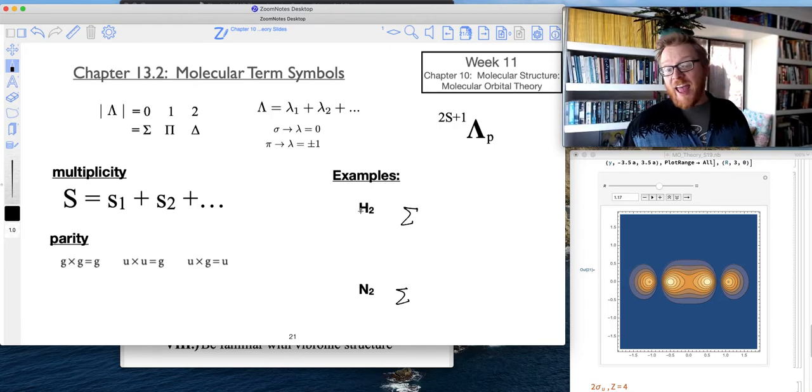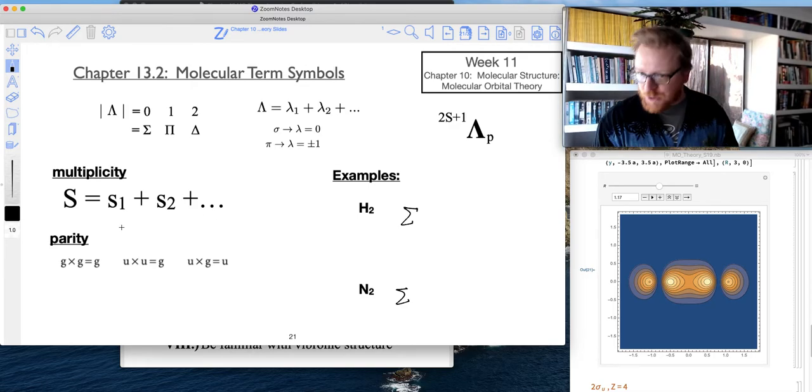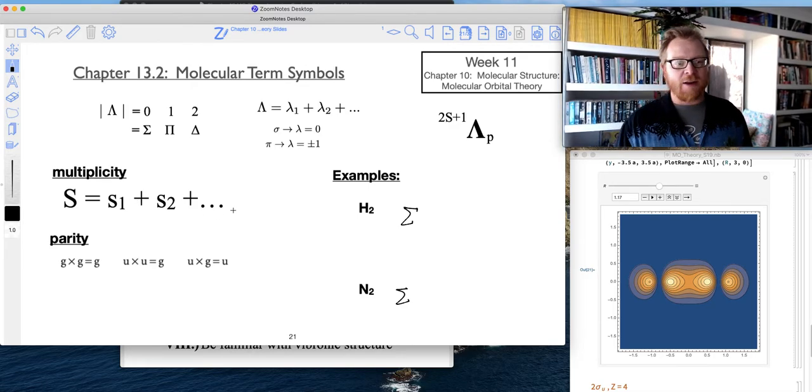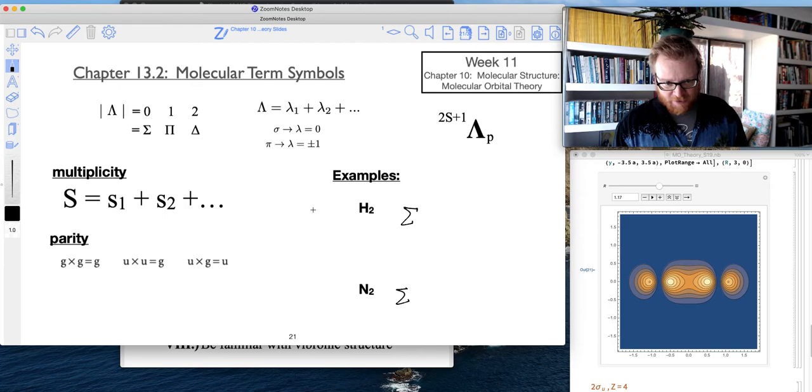So for example, with H2, without even really going and adding up all of those electrons, we do it in the exact same way we did with atoms. What I hope you recognize is H2 has 2 electrons in the 1 sigma g2, and in its ground state they're paired up. That means it has to be a singlet state.